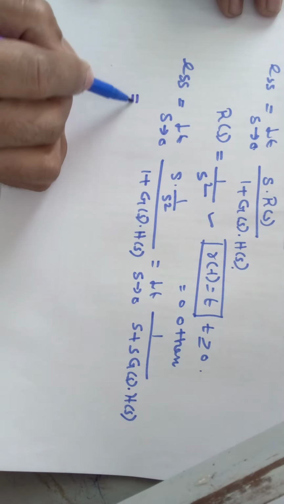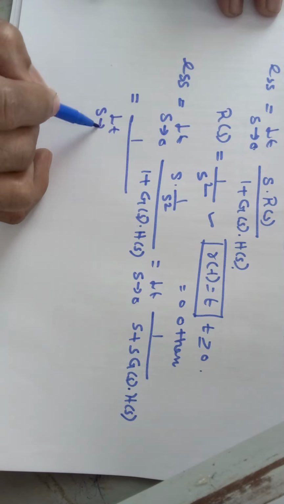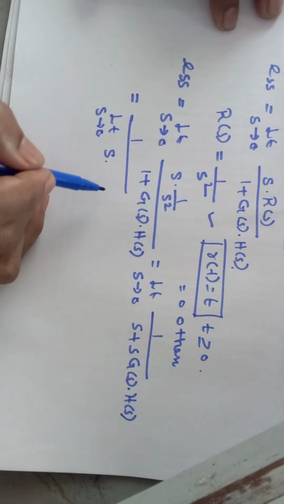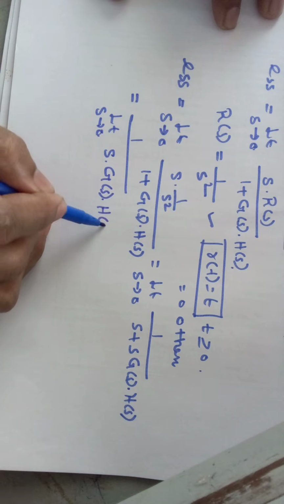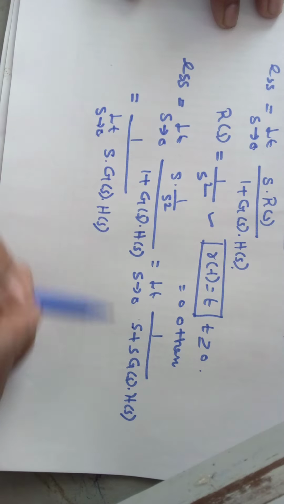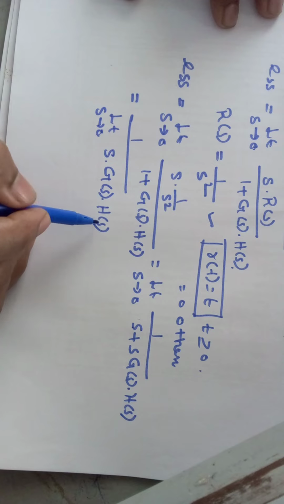Or we can write this as 1 by limit s tends to 0 of s G(s) H(s), because once you apply s equal to 0 the first term becomes 0, and the remaining term is limit s tends to 0 of s G(s) H(s).